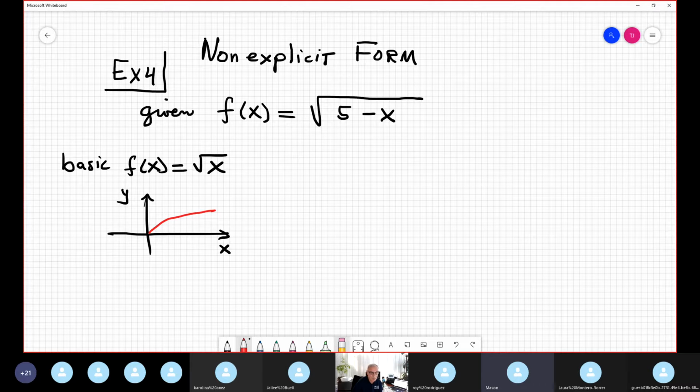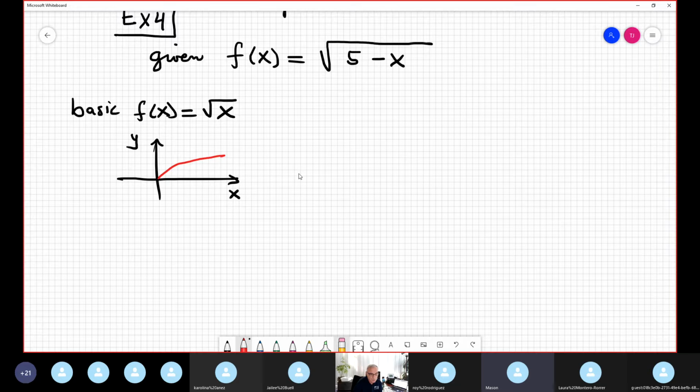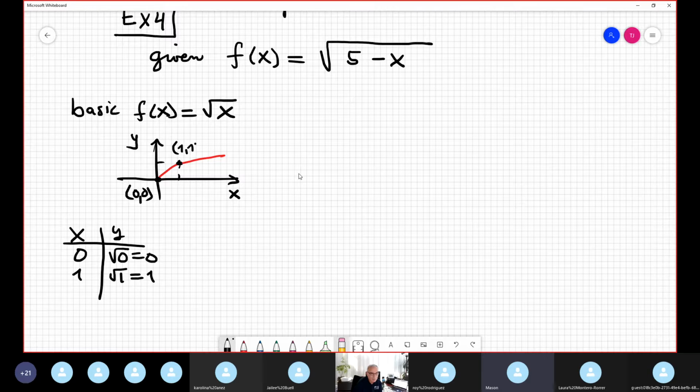Let me try, Mason, one more time to discover three good points on this curve, x and y. 0 is obvious: radical 0 is 0. Therefore, the point 0, 0 belongs to this. 1 is good because radical 1 is 1. So this point is 1, 1.